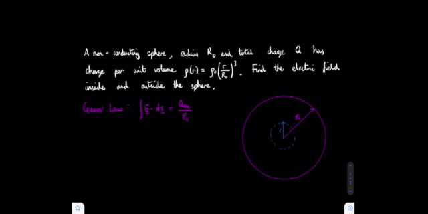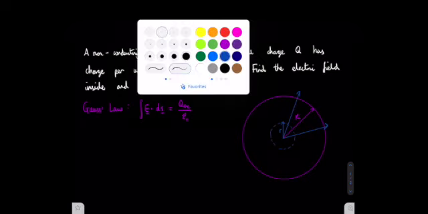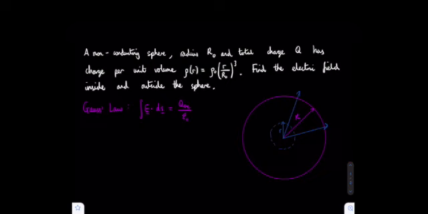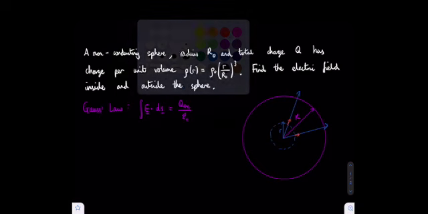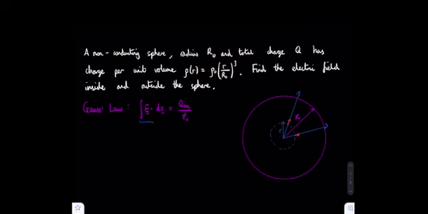Because of the symmetry, the electric field must be going out radially in all directions, and the surface normal is also parallel to the electric field vectors. So that's really nice. This side of the equation can be simplified. That's why Gauss's law works so well for symmetry.